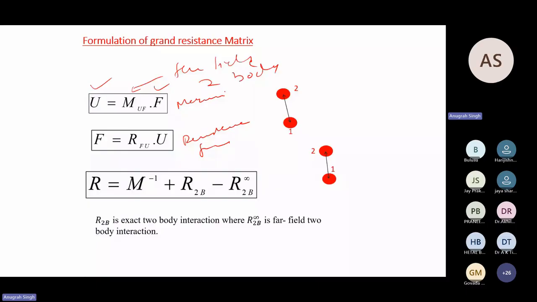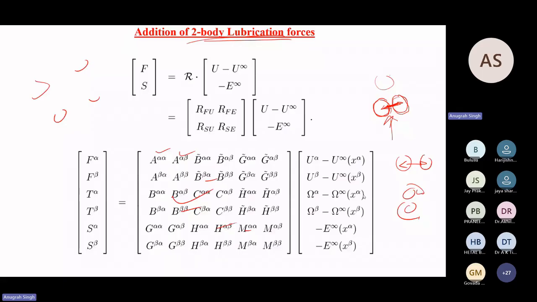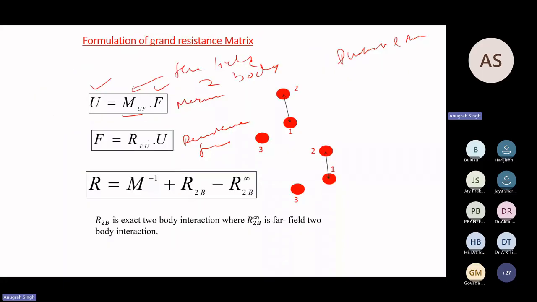Now Durlofsky figured it out. You read this paper, Durlofsky and Brady. They figured out that if you invert a two body matrix, meaning one with two, one with three, and so on, two particles at a time, and you form a big matrix for all the n particles, then when you invert it, it captures many body interaction.